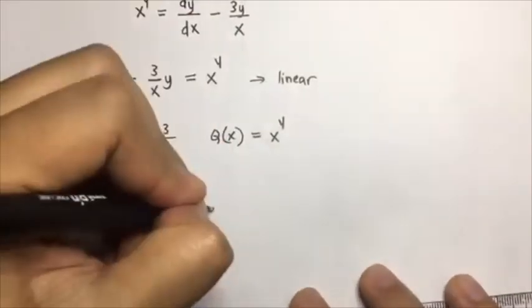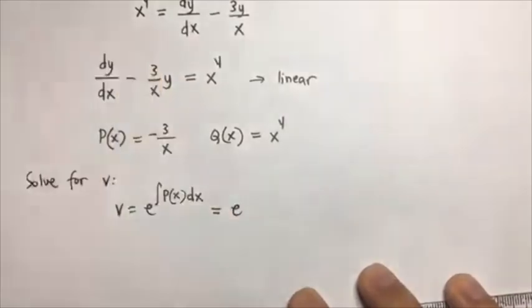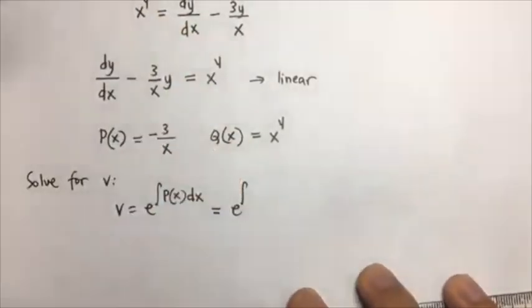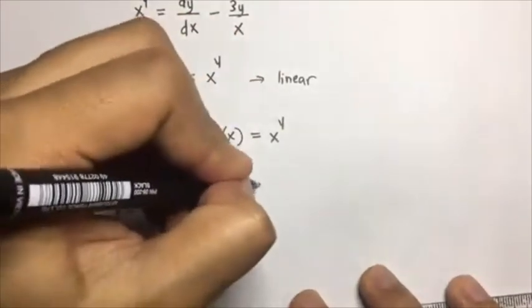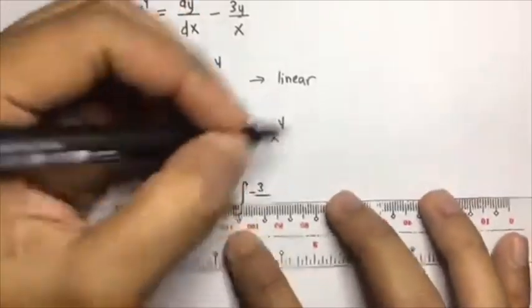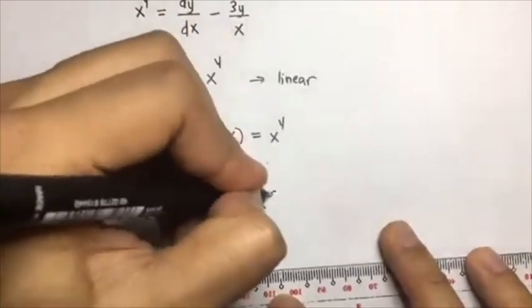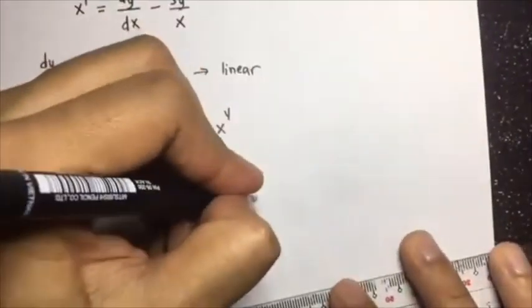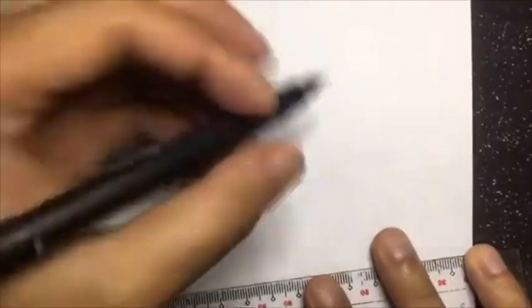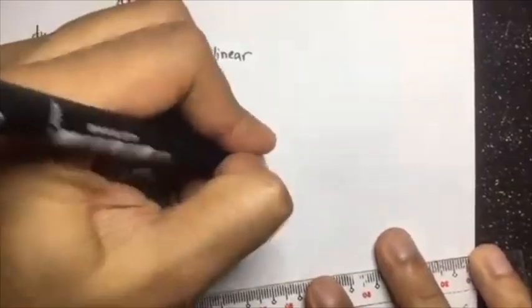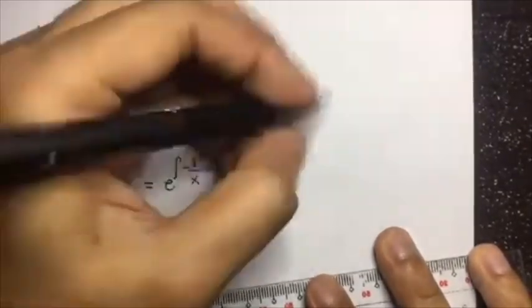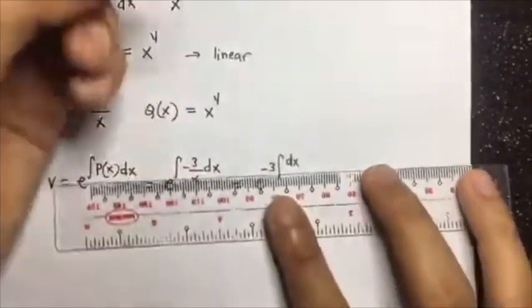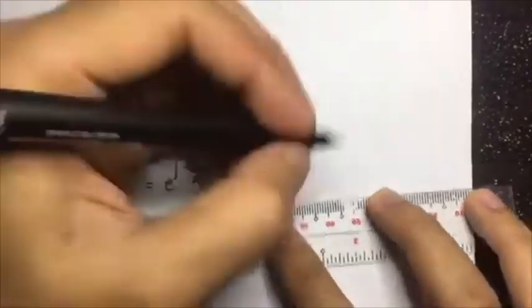This is equal to e raised to the integral of negative 3 over x dx. Negative 3 is a constant, so we can take that out of the integral sign. So v is equal to e raised to negative 3 integral of dx over x.